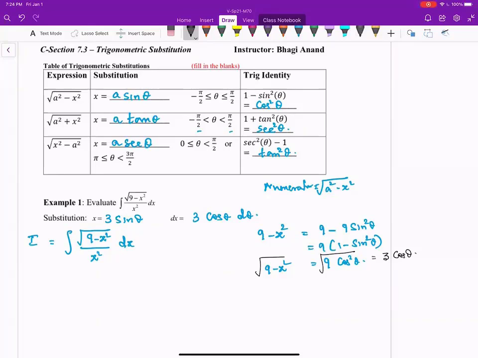So if I substitute all x in terms of theta, the numerator, as we just saw, is 3 cosine theta. Then the denominator x squared is 3 square sine square theta. Then dx that we have here is 3 cosine theta d theta.